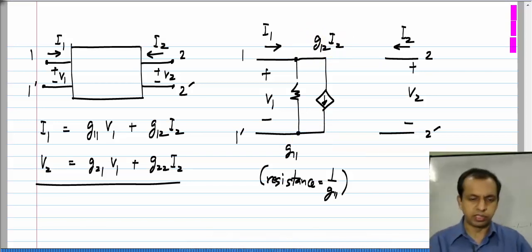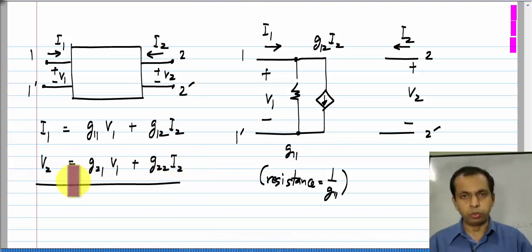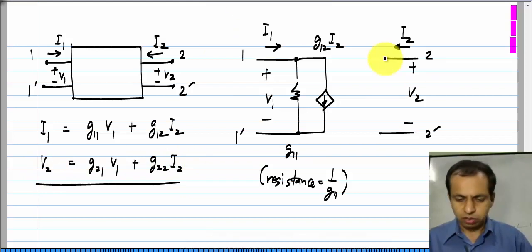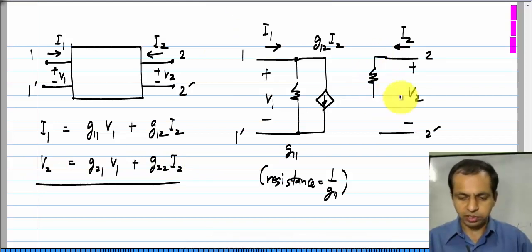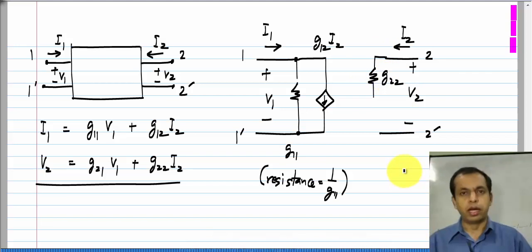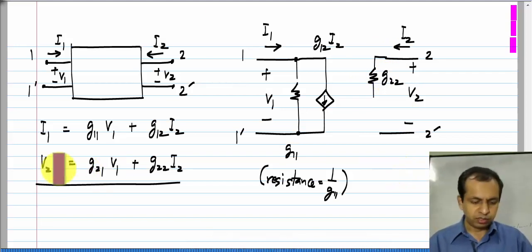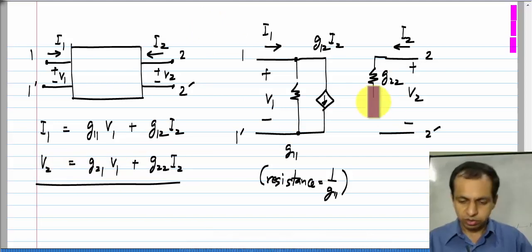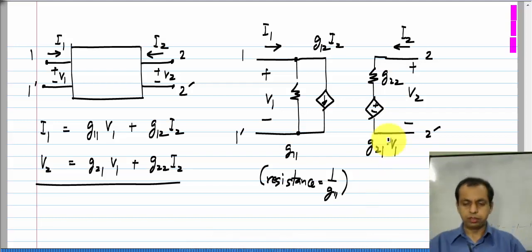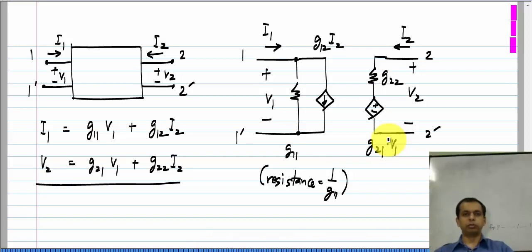Now, on the other side, on the second port, we have the voltage as a sum of two other voltages. V 2 equals G 22 I 2, voltage proportional to current, which is obtained using a resistor whose value is G 22, and in series with this is a voltage controlled voltage source. V 2 equals G 21 V 1. So, it is a voltage controlled voltage source of gain G 21. So, this is the equivalent circuit for the G parameter 2 port.